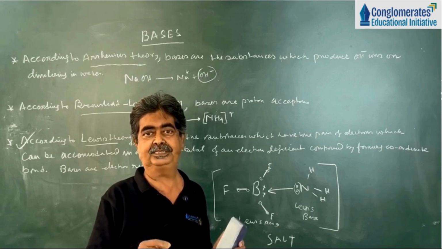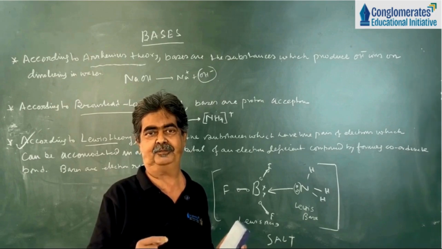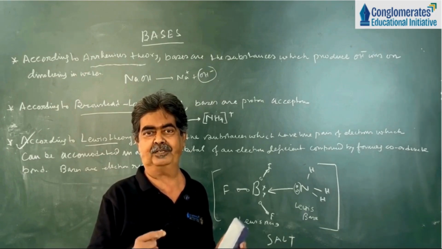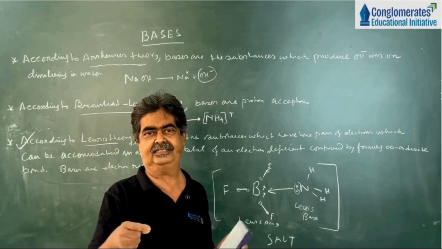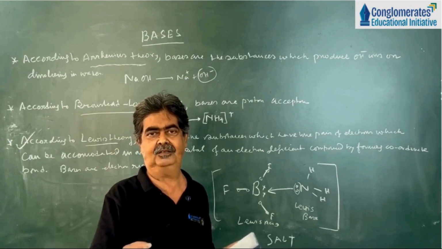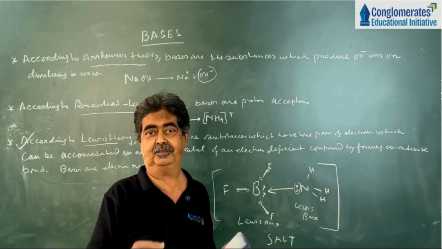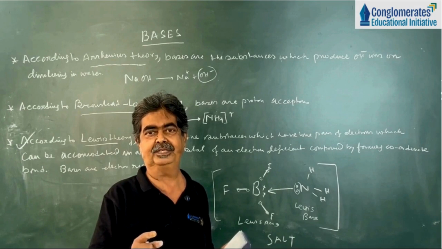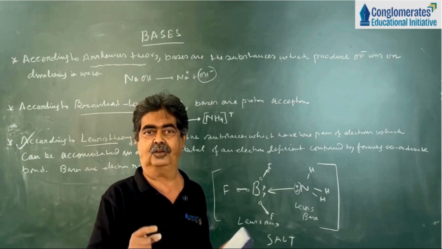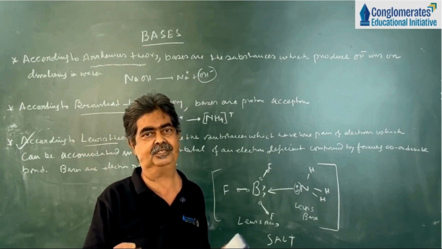And thirdly, Lewis bases have an excess pair of electrons or lone pair of electrons that can be accommodated in an empty orbital of a Lewis acid, which is an electron deficient molecule, with the help of a coordinate bond, forming a stable salt.